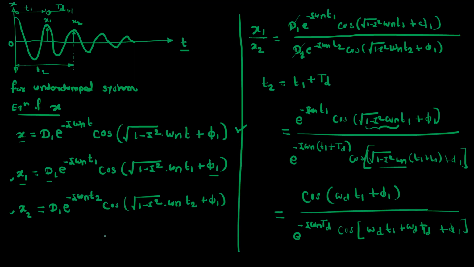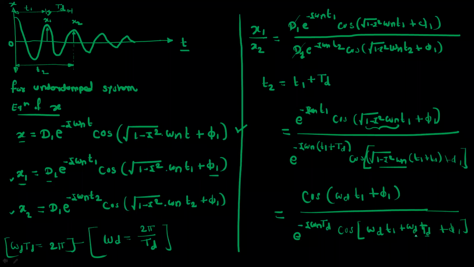So now here the omega d value is equal to 2 pi upon td. So we can use this equation and replace this value omega d. So omega d td, this value is equal to 2 pi.